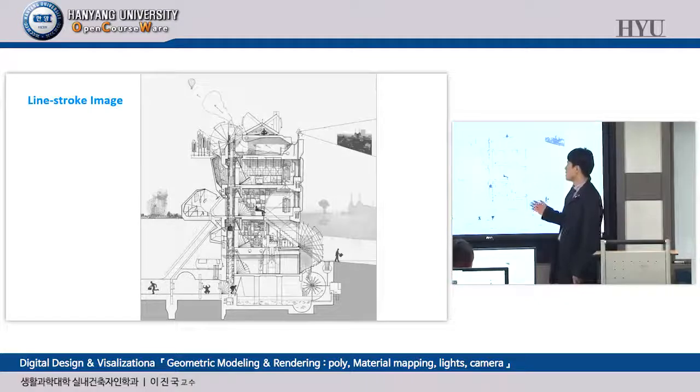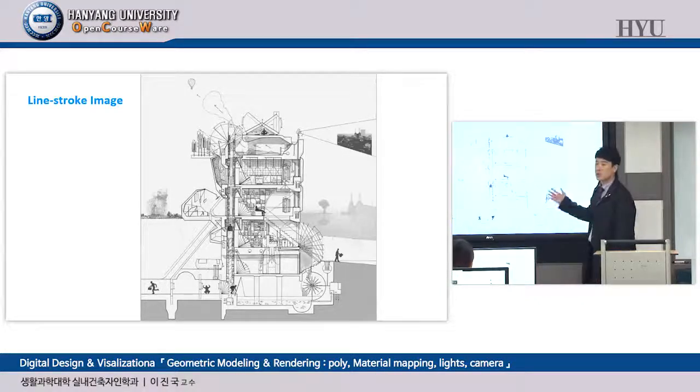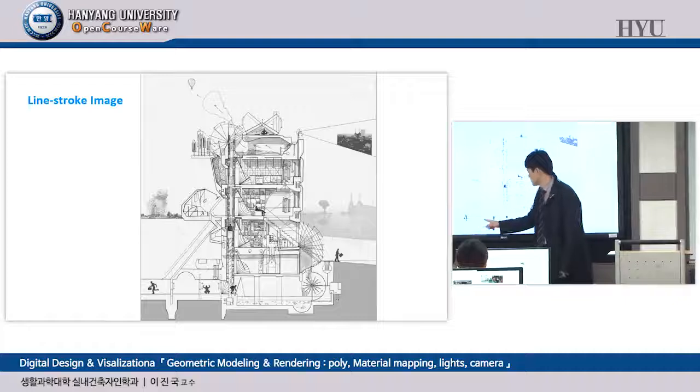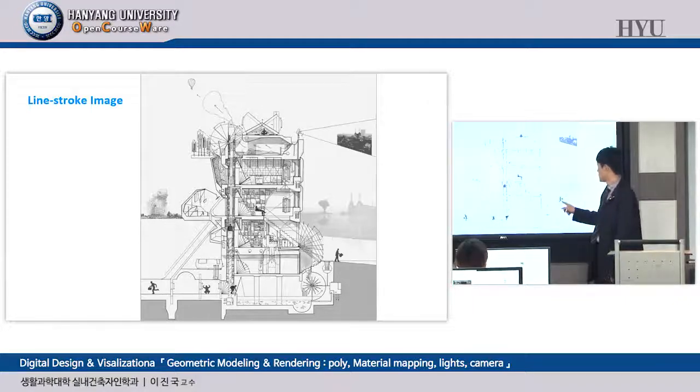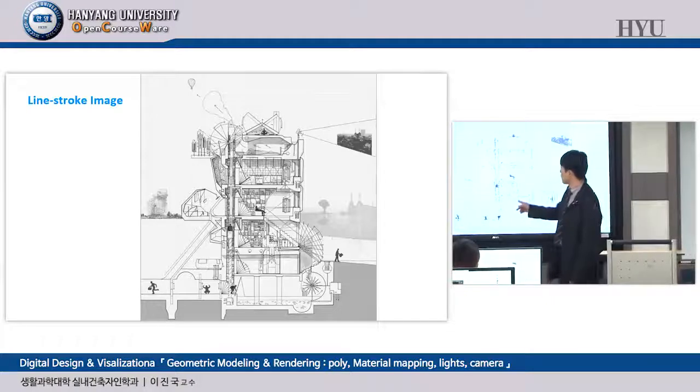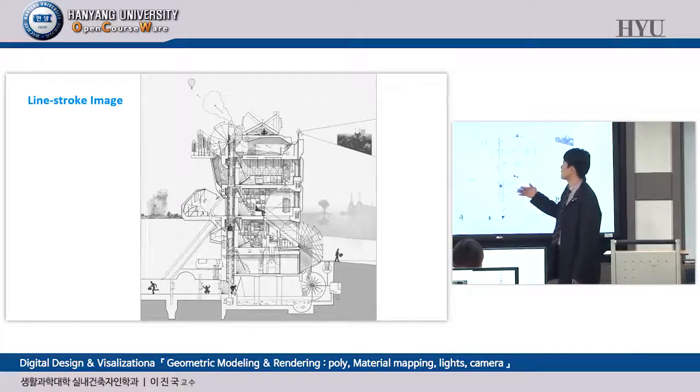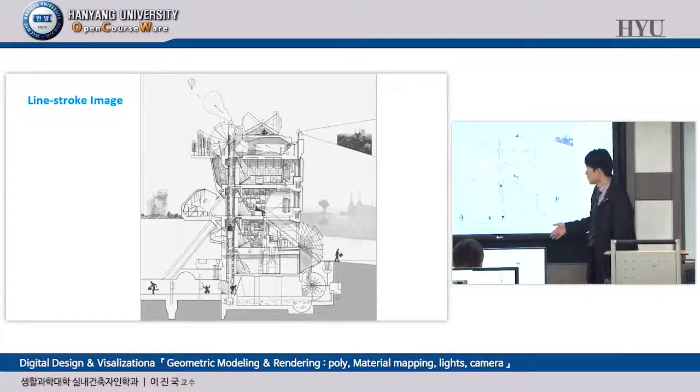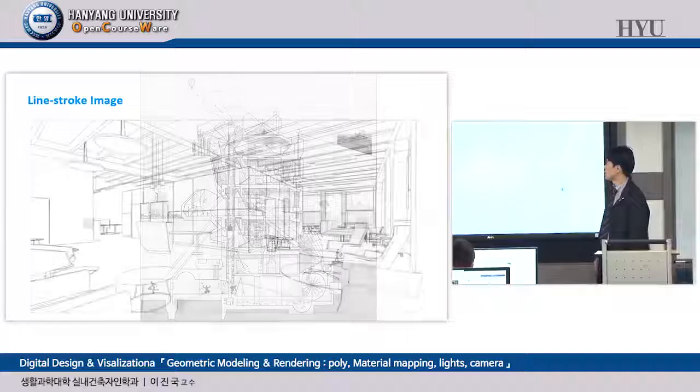How about this one? This elevation section has, take a look, a real picture composed as background, and some diagrams representing people, okay? And some mechanisms explained in this section view. It's another type of effective visualization, even in this kind of line stroke.